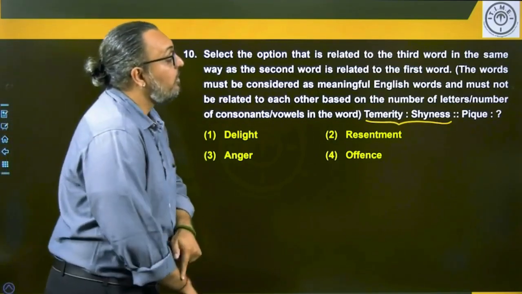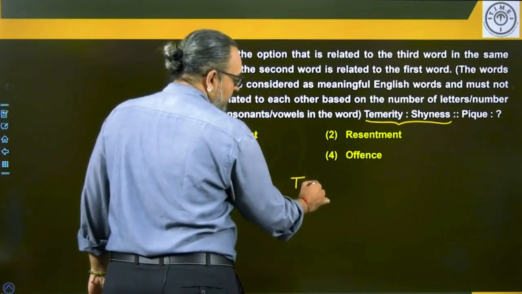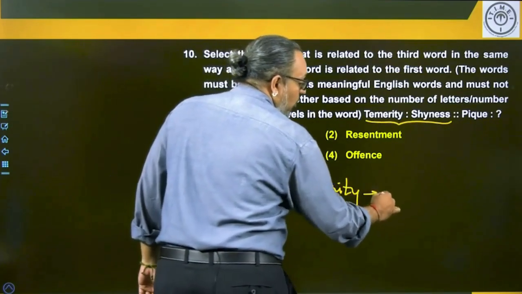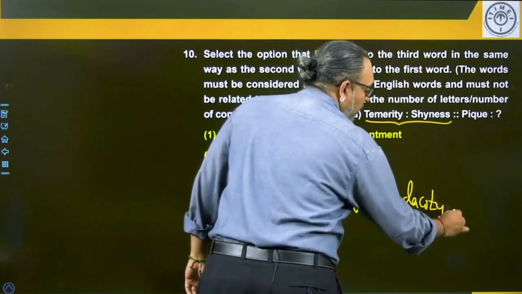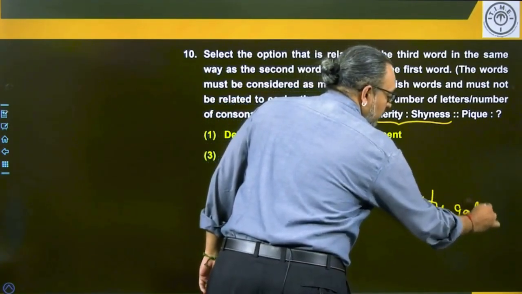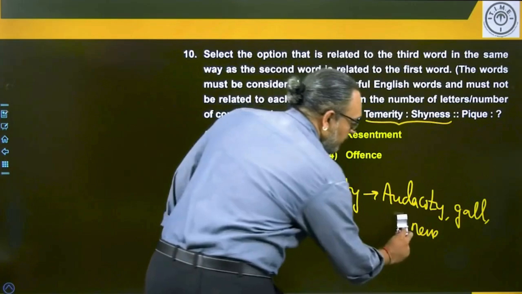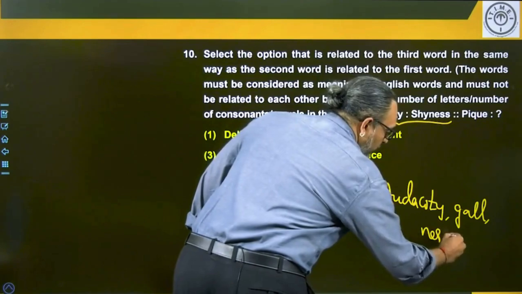Now here, you have the word temerity, correct? So what is the meaning of temerity? Temerity means audacity. Audacity we call gall, or we call nerve.